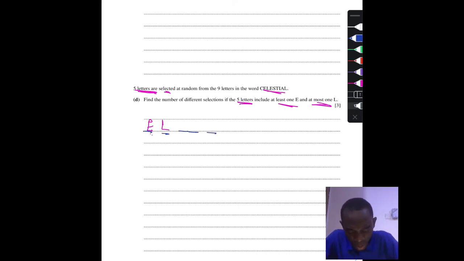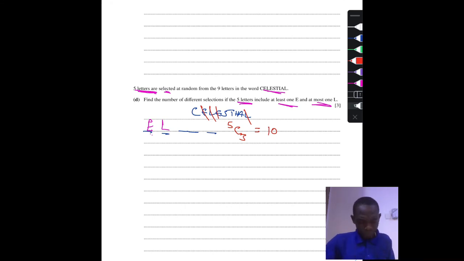Now we need only 1 E and 1 L, so if you have the word celestial, and we don't need any more of the E's or the L's, then we are left with 5 items to use, and we are going to choose 3 to fill that. 5 combination 3 is 10.